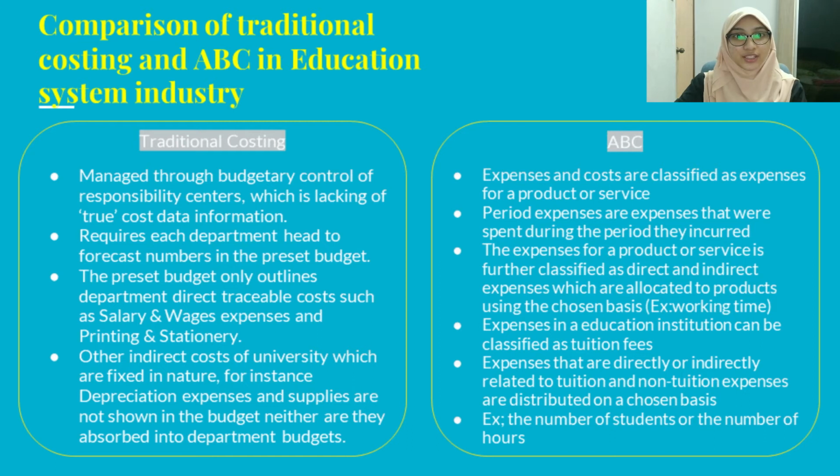Expenses in an education institution can be classified as tuition fees, expenses that are directly or indirectly related to tuition, and non-tuition expenses, which are distributed on a chosen basis, for example, the number of students or the number of hours.